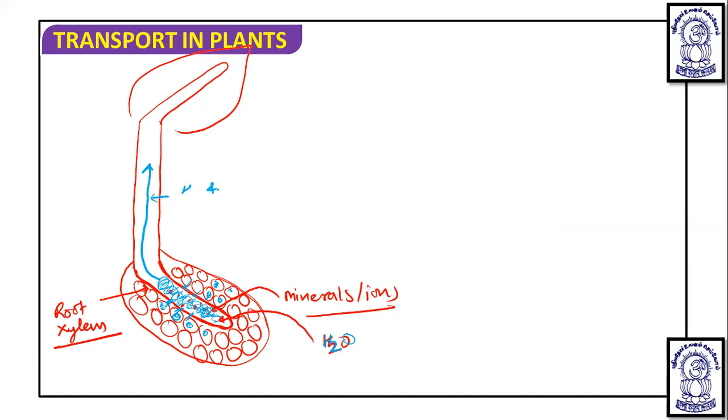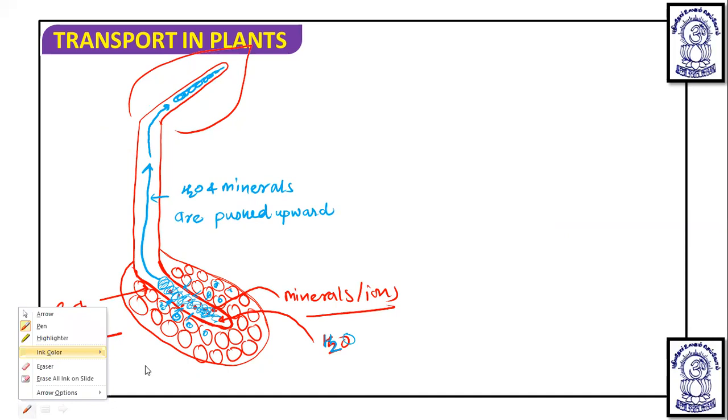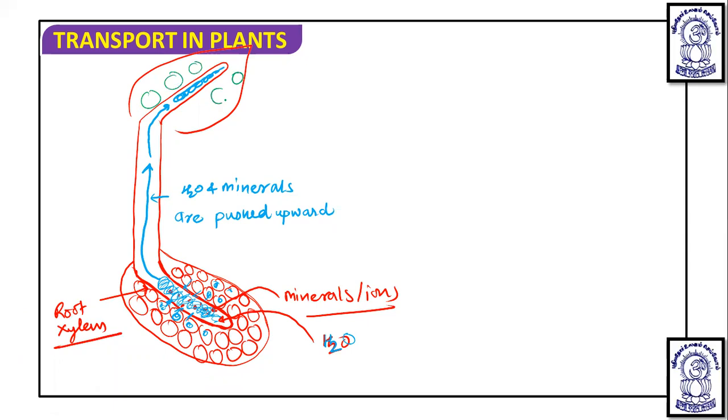Water and minerals are pushed upward, and they will reach this particular point. Here we know that there are mesophyll cells and here there are vein endings.